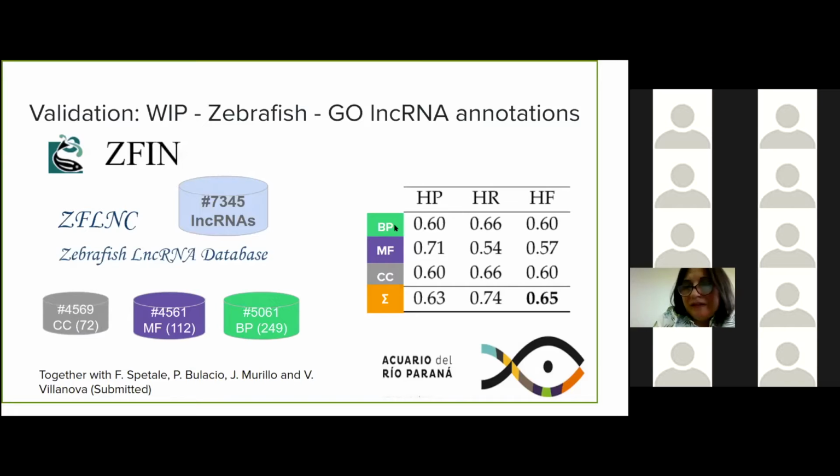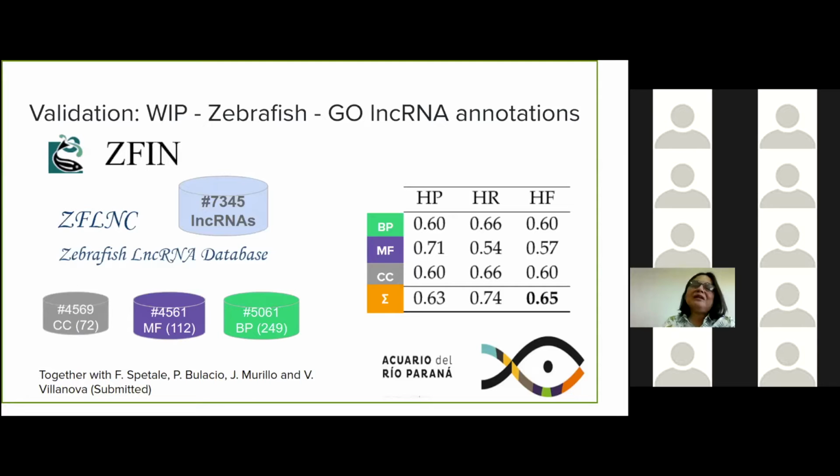So this confirms our intuition that performing inference across the three subdomains improves the quality of the predictions. Part of this work has been recently submitted, so we expect results in the near future. So this is the first part of our work.